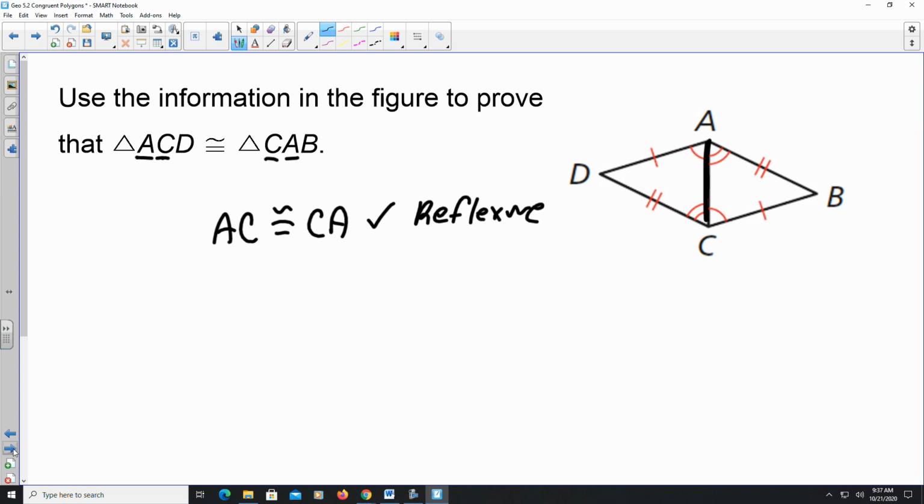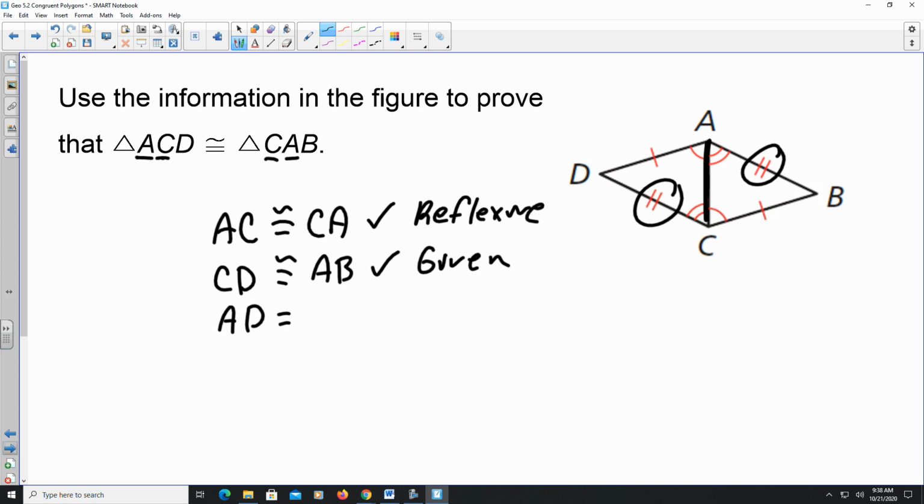Next, CD is congruent to AB. CD is 2, AB is 2. Check, that's given. And then finally, AD is congruent to CB. AD is 1, CB is 1 hash mark, so that's checked off, that is given.